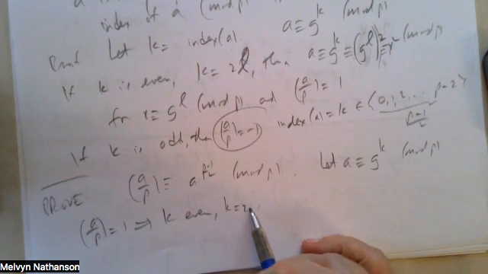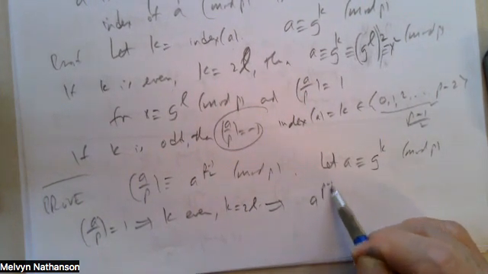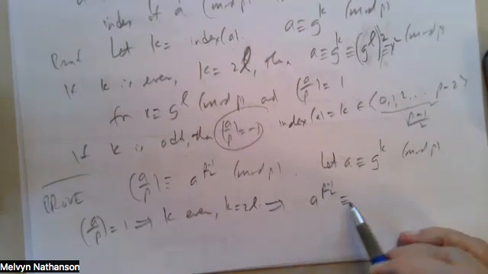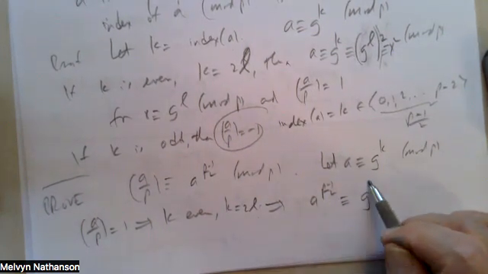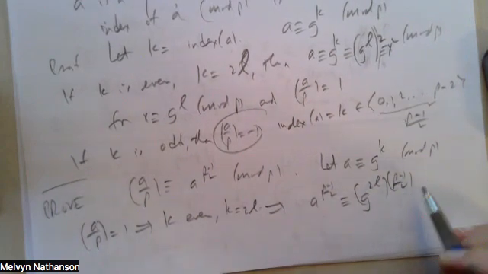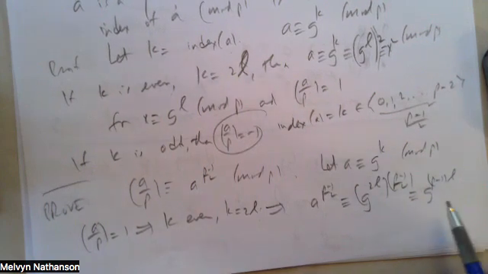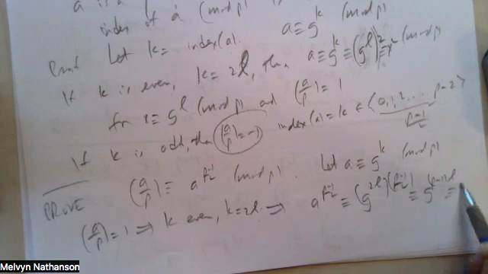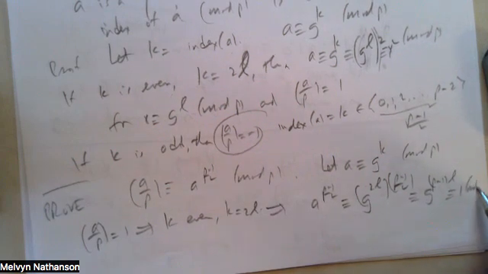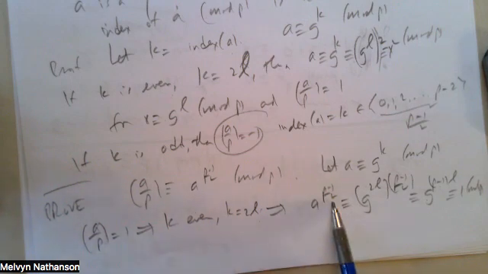So K is 2L, which means A to the P minus 1 over 2, A is congruent to G to the 2L, to the P minus 1 over 2. The 2's cancel. This is G to the P minus 1 times L. G to the P minus 1 is 1, so this is 1 mod P. So if A over P is 1, A to the P minus 1 over 2 is 1.